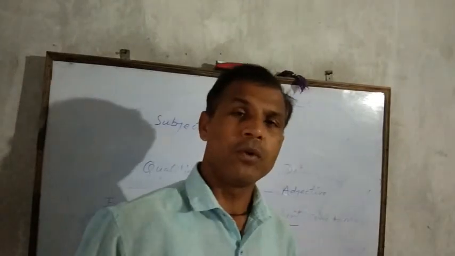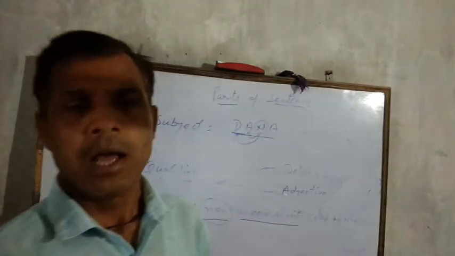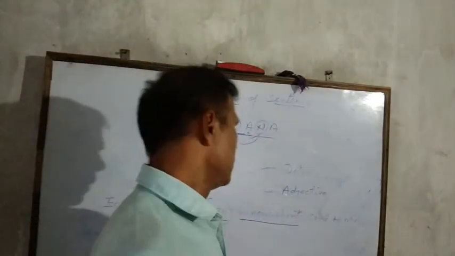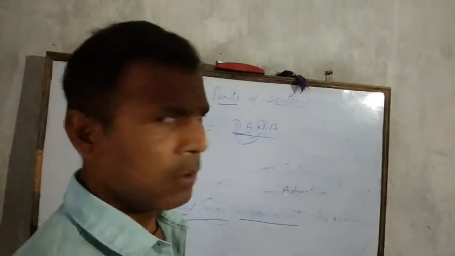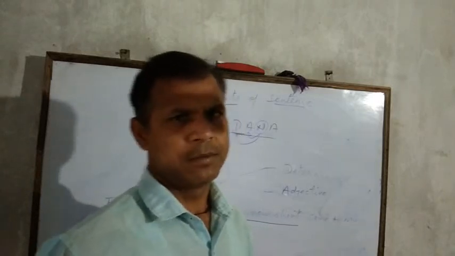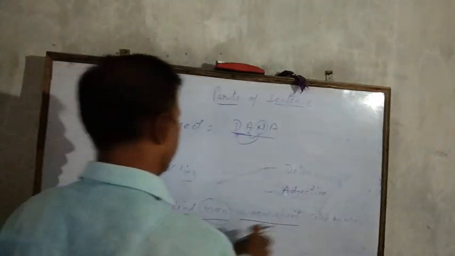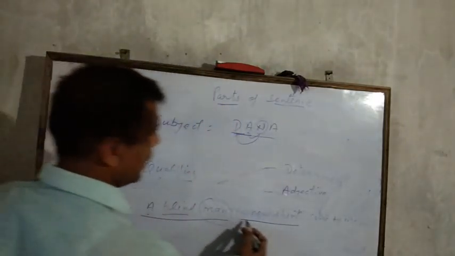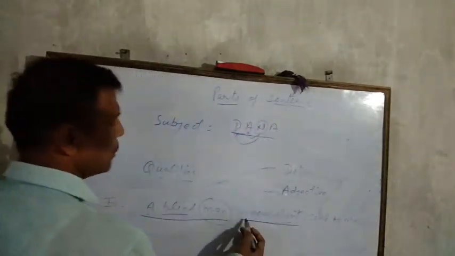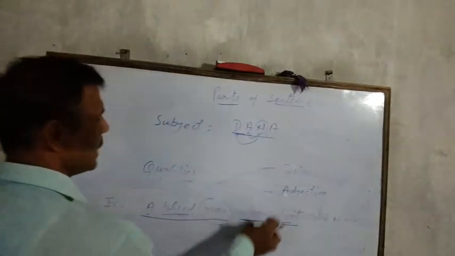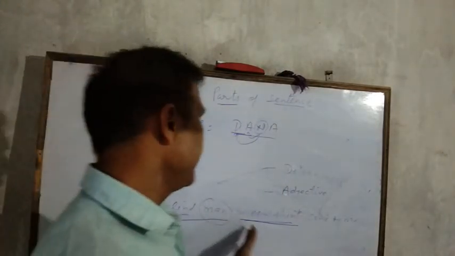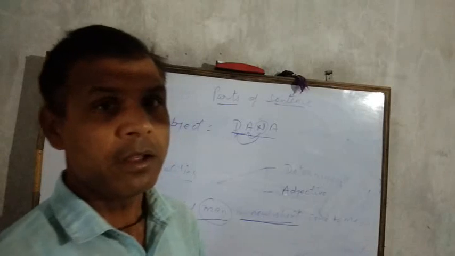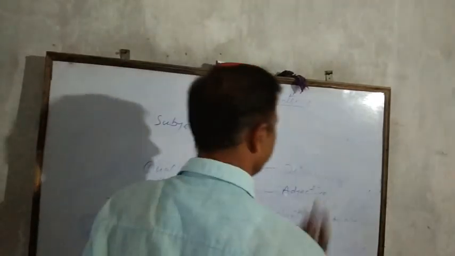In the previous video I taught you what a phrase is. A phrase is a group of words which does not give a meaningful sense. It is only a group of words. So in a blind man in new shirt, in new shirt is a phrase, or an adjectival phrase, because it qualifies the man. Man in new shirt. Man in new shirt came to me.